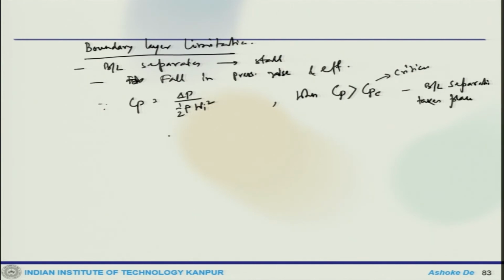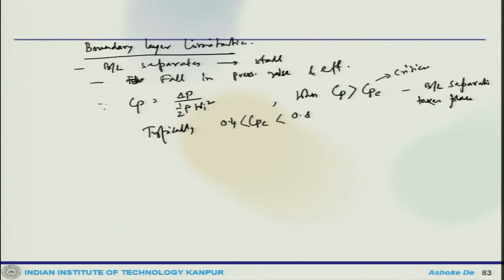Okay. Typical value of Cpc is 0.4. So, now one can think about how this can be prevented. This can be prevented by proper blade design and also by adding some suction in the blades.